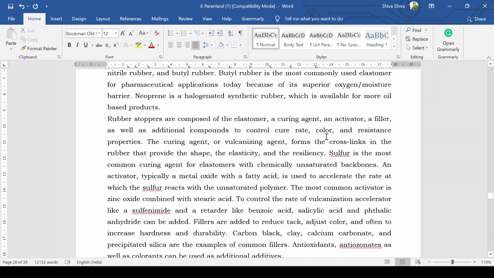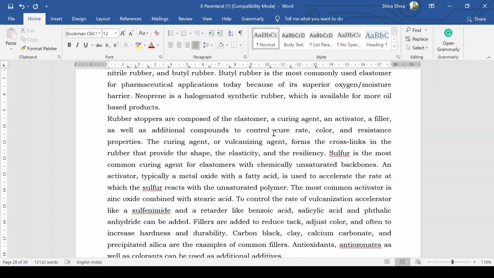Now here is one word called cure. Curing means, now rubber latex, which is a basic material, an elastomer, is used in the formulation of rubber. Now these elastomers are long chains of polymers, and if these long chains of polymers are cross-linked by using a suitable agent, then it is called curing.